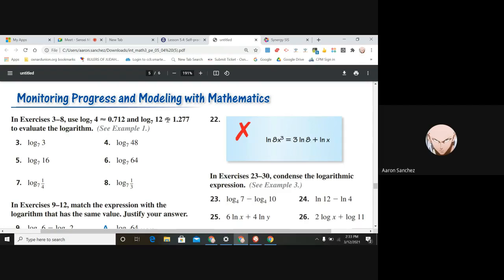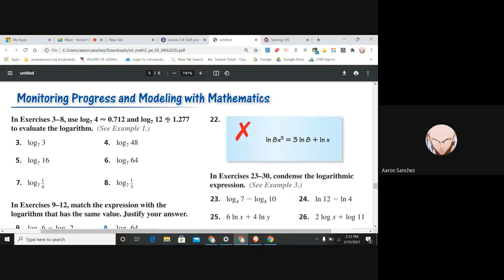Log base 7 of 4 is equal to approximately 0.712, and log base 7 of 12 is equal to 1.277 approximately.